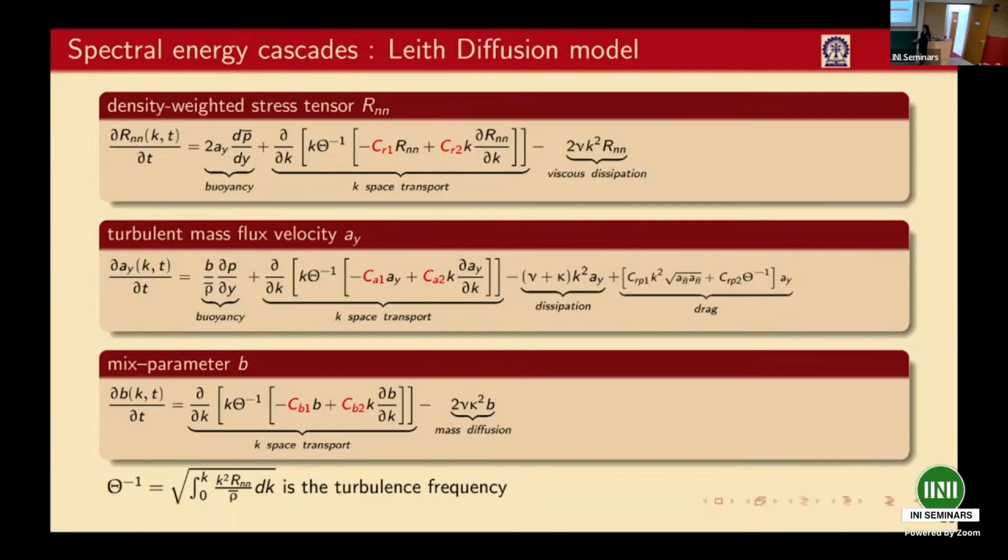We are not looking at the large scale flows. So we are just isolating the physics of the cascade process. So yes, there is a pressure gradient, of course, there is a drive, which maintains turbulence, but in those length scales, we are assuming that it is isotropic.